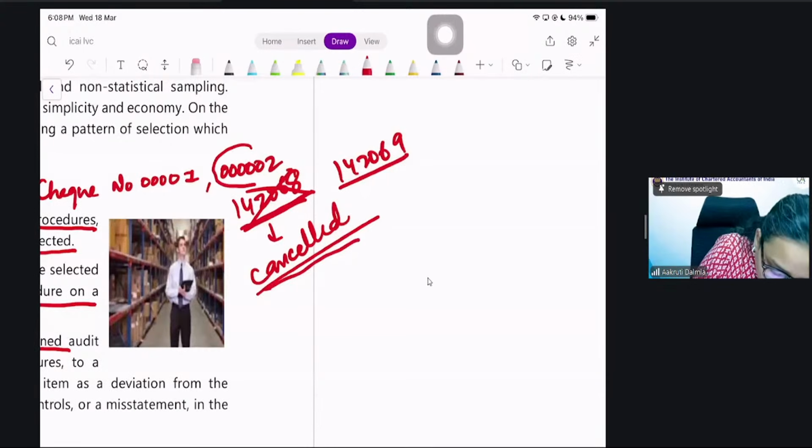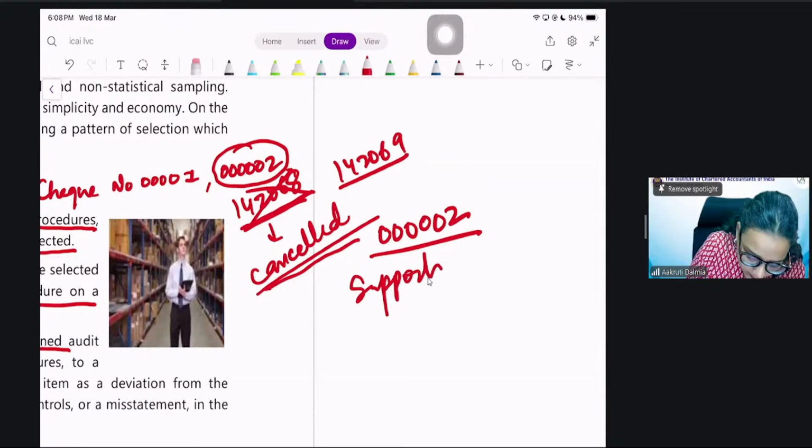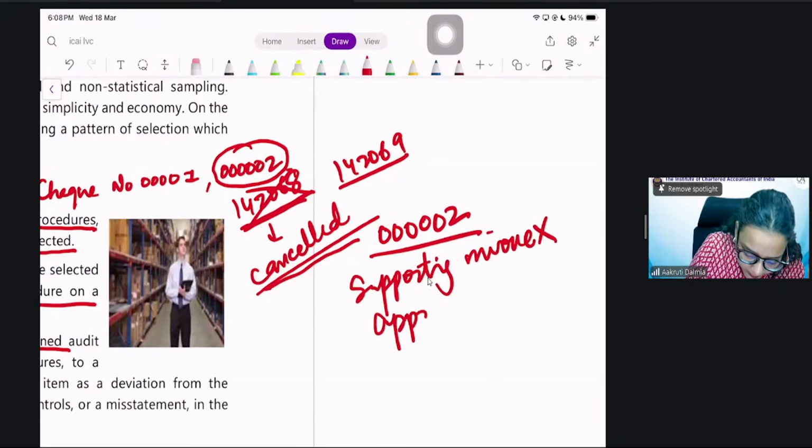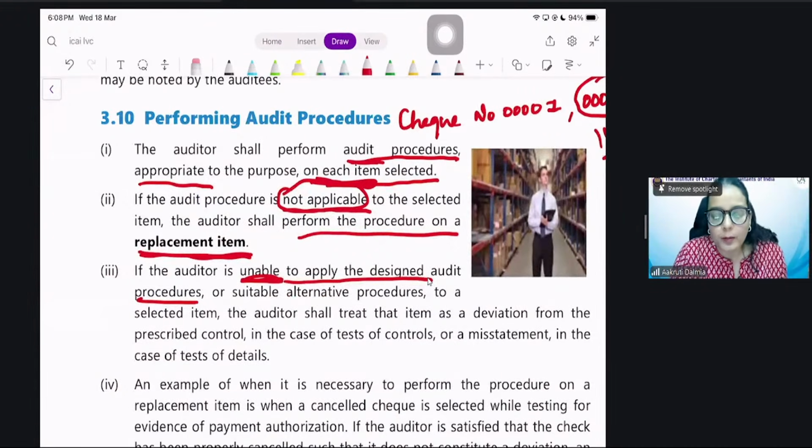But let's say you have selected check number 00002, and when you ask for that check's details, the details are not available. Supporting invoice is missing. Approval letter is missing. What does it mean now? Unable to apply. You have found the item, but you are unable to apply the procedures you want to apply because the supporting documents are not available.